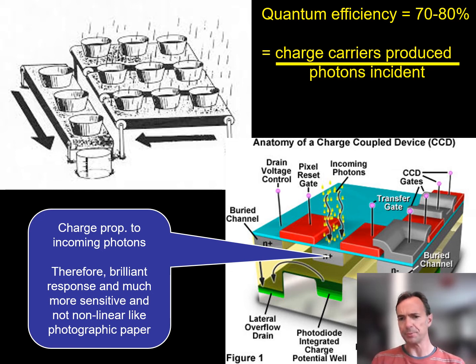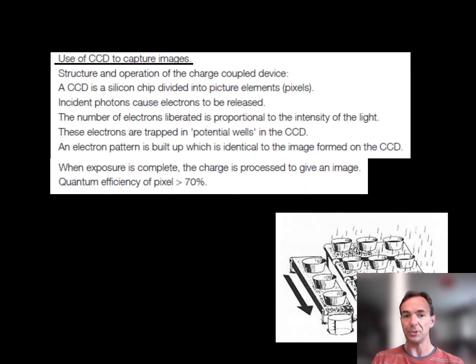A bad quantum efficiency, such as 1%, means only 1/100th of the photons was actually converted into an electron or a charge carrier. So that's poor. But CCDs have quantum efficiencies around 70 to 80%. Some are larger, some are smaller, but it's pretty good. So that means it's almost catching all of the photons that are coming in. Very sensitive, and that's what we want. The eye, not pretty good though.